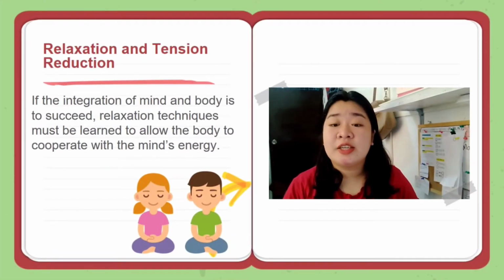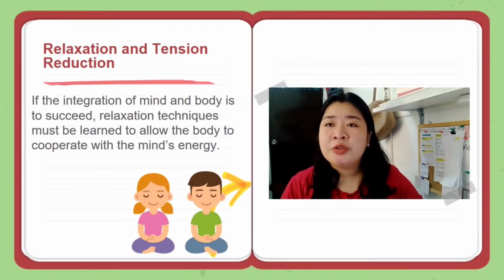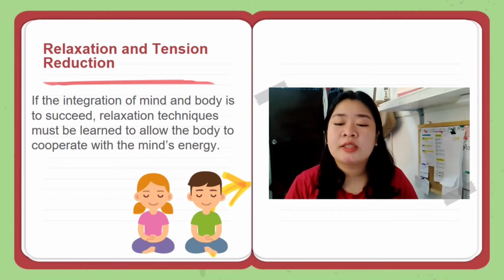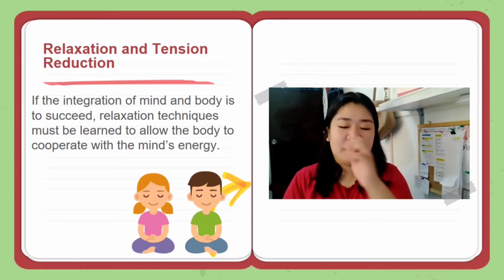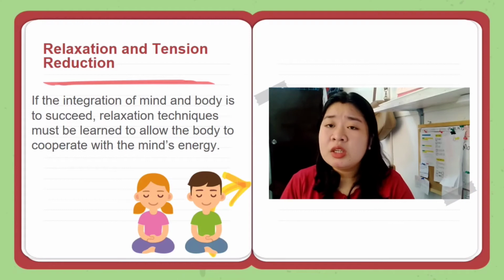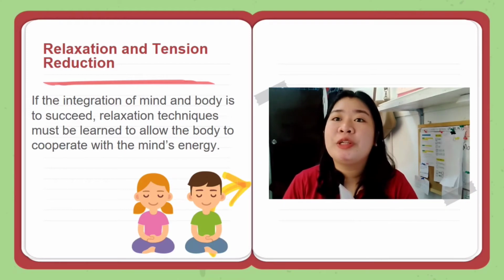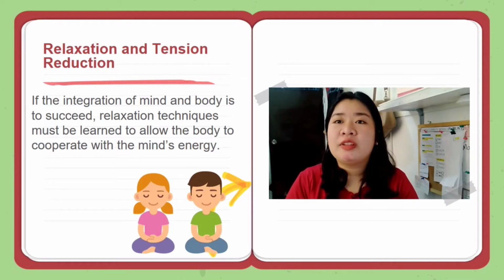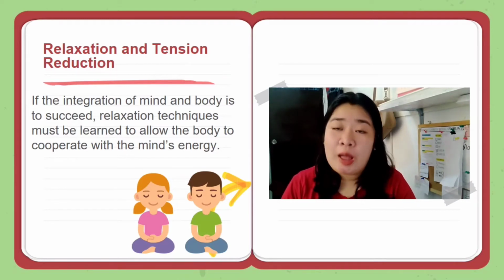Next, we have relaxation and tension reduction. If the integration of mind and body is to succeed, relaxation techniques must be learned to allow the body to cooperate with the mind's energy. For example, if students feel pressured answering the exam, they're more likely to fail the exam than to pass it.